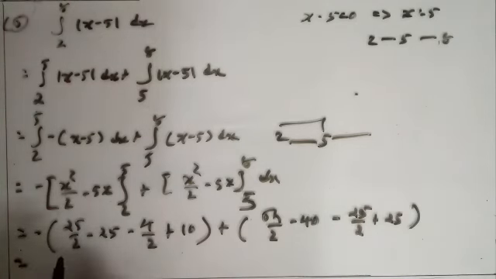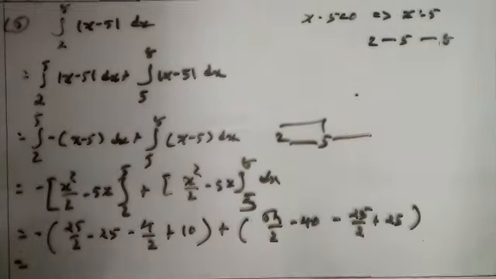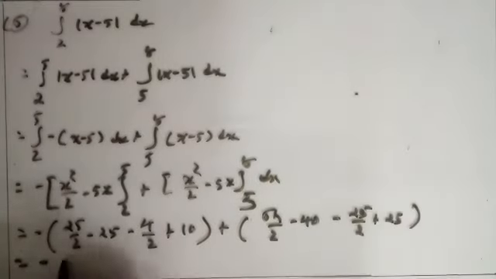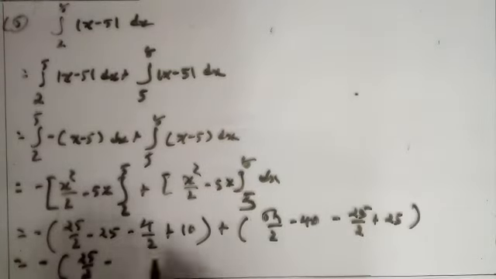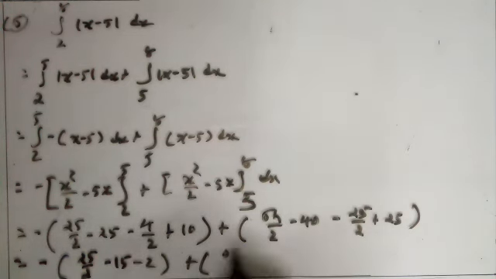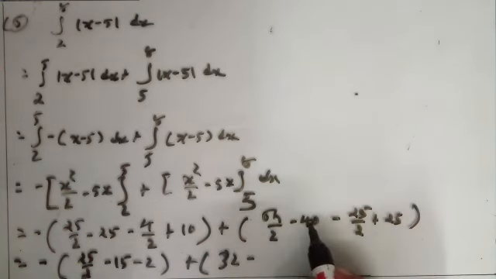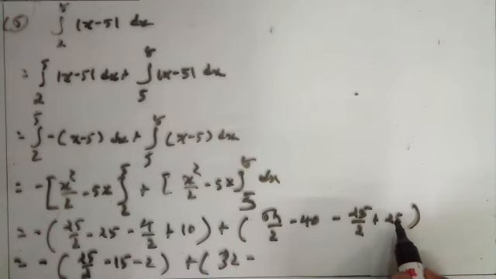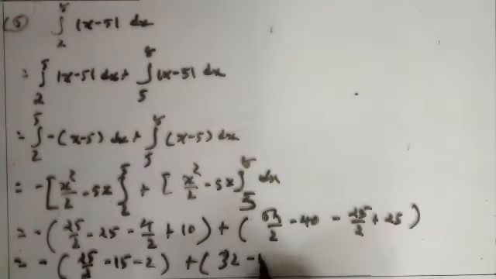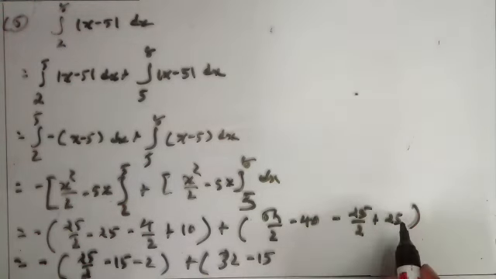Now simplify this. So here minus 25 upon 2 minus 25 plus 10 becomes minus 15. Here minus 4 upon 2 becomes minus 2, plus here 64 upon 2 is 32 minus 40 plus 25 becomes minus 15. Clear?